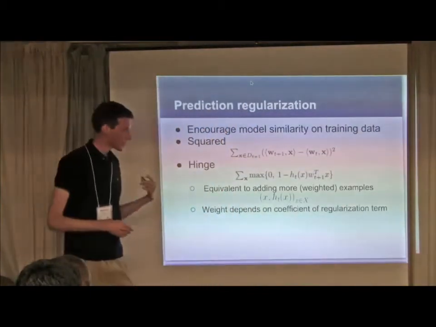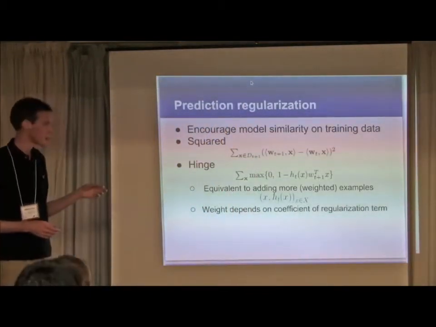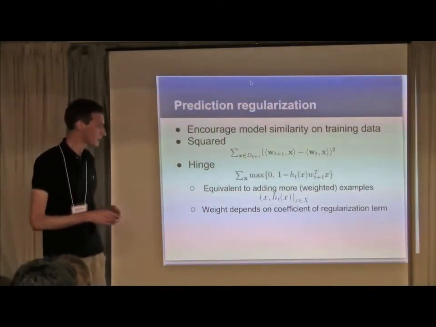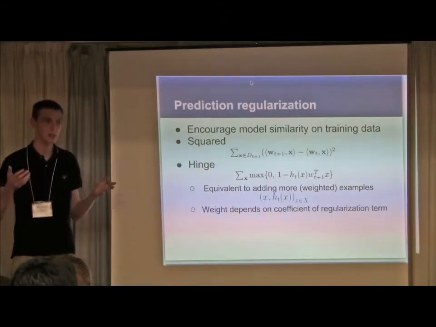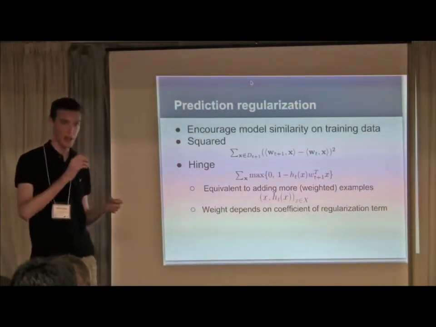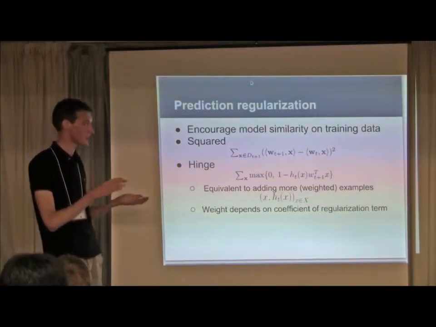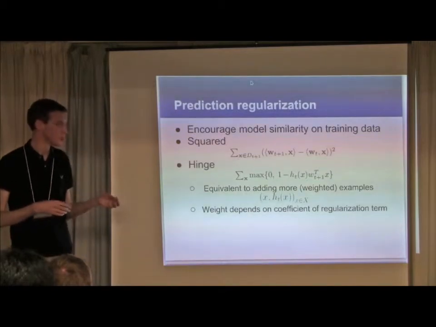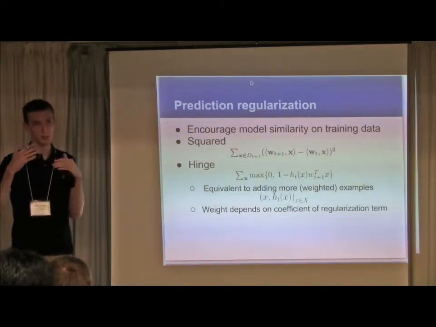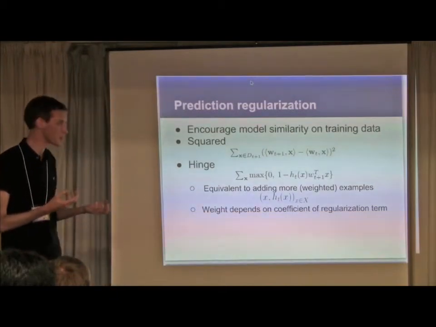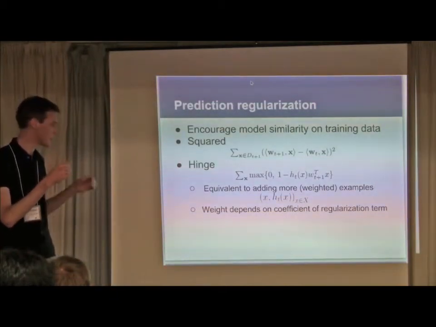Finally, we tried adding several regularization terms to the optimization. We have two different things we tried. One was a squared error, which says the predictions of the current model should be as close as possible to the predictions of the previous model. We also have a hinge term, which says the predictions of the current model should have the same sign as the predictions of the previous model with a maximum margin.